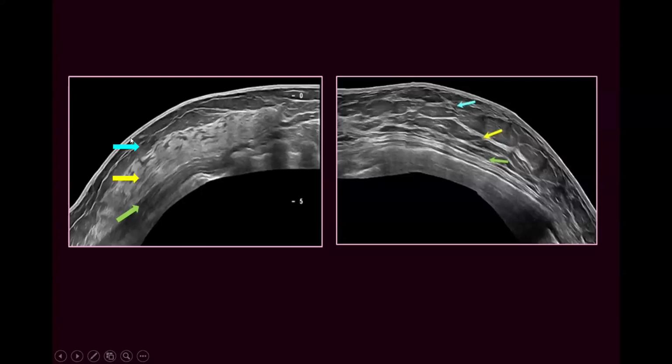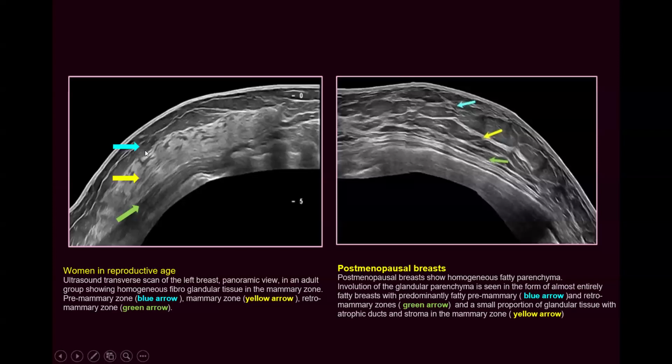The blue arrow represents the subcutaneous fat in both breasts, the fatty as well as the glandular, and the green represents the fatty layer behind the mammary zone, what is called the retro-mammary zone or retro-mammary fatty layer.